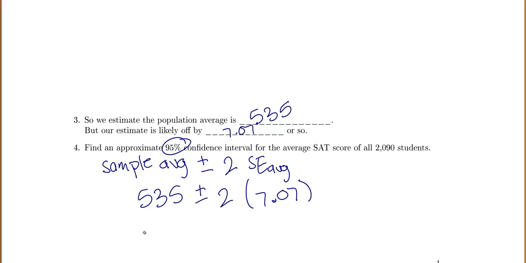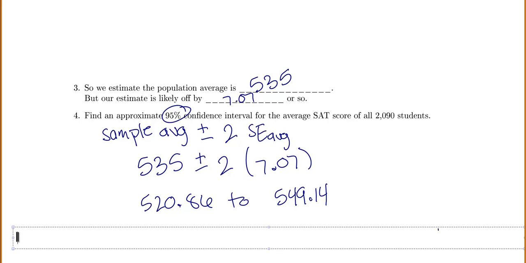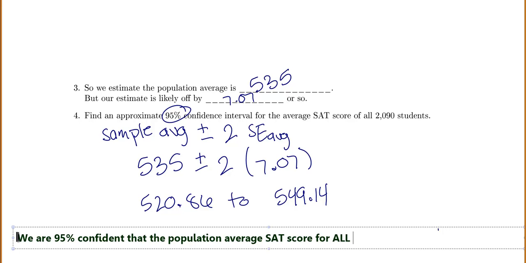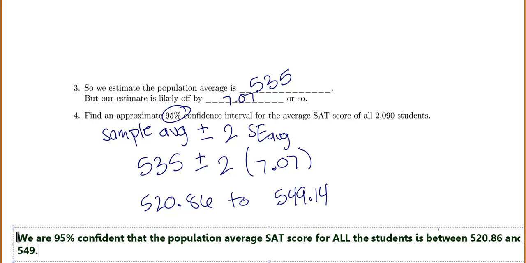If I do the subtraction, I get 520.86, and if I do the addition, I get 549.14. So this means that we are 95% confident that the population average SAT score for all the students is between 520.86 and 549.14.